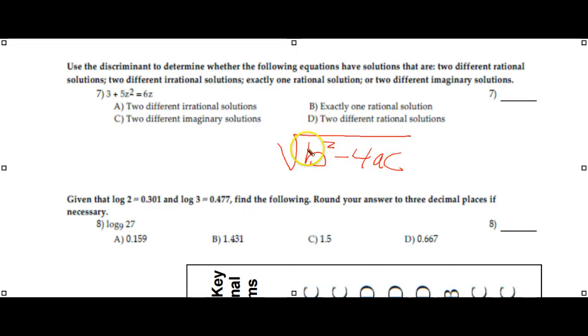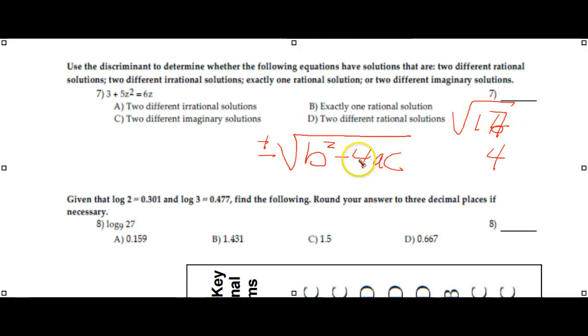Well, if this is a perfect square under here, and let's say you end up with a 16, then the square root of 16 is 4, you're going to get 2 real rational answers, because this is plus or minus. If this comes up to be like 17 under there, you're going to get 2 real irrational answers, because 17 is irrational.